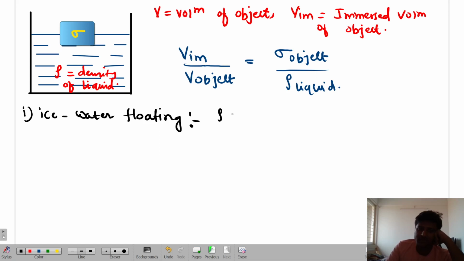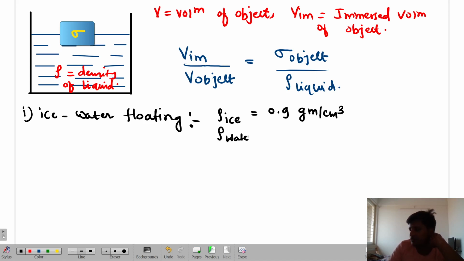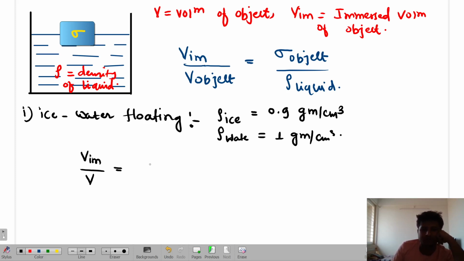If we calculate that, then we find that the density of ice is given as 0.9 gram per centimeter cube, while the density of water is 1 gram per centimeter cube, isn't it? So volume of immersed ice by total volume is equal to how much? 0.9. The factor is 0.9.